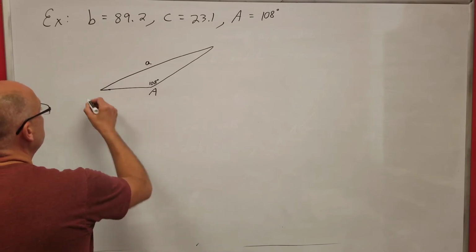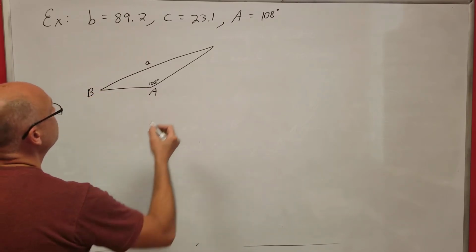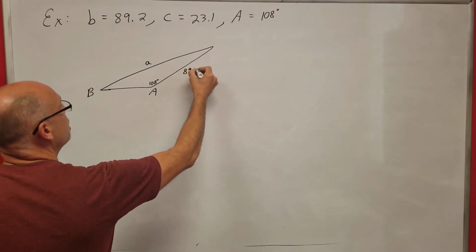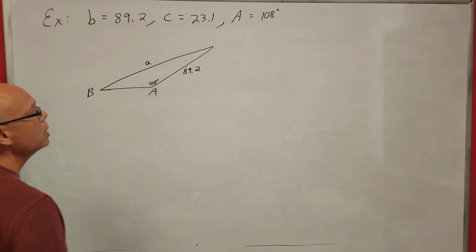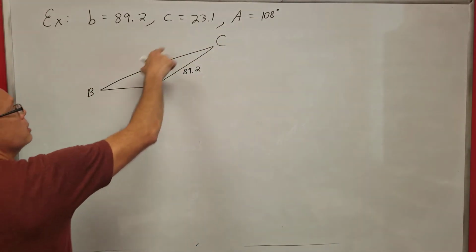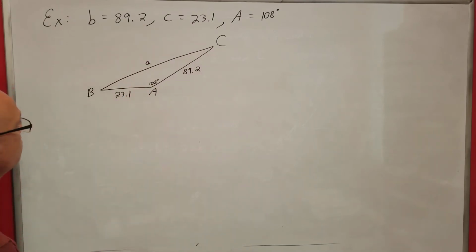Now, I guess we can call this side b, which is 89.2. And if I call this angle C right here, opposite of it is side c, which is 23.1. All right, so now I have a triangle I can use as a visual.